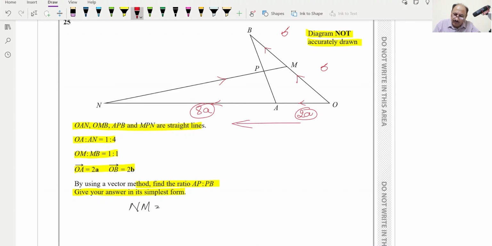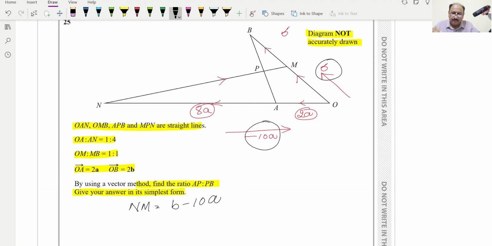For NM we need this direction, so we write minus 10a, and then this will be b. So minus 10a plus b, or b minus 10a. Hopefully you understood how I have written b minus 10a. b is this one and minus 10a is this one.